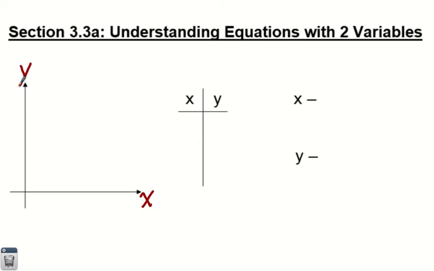Okay, and in a table, x is always going to be the first column or the first row, and the y variable should be pretty much always the second column or the second row.